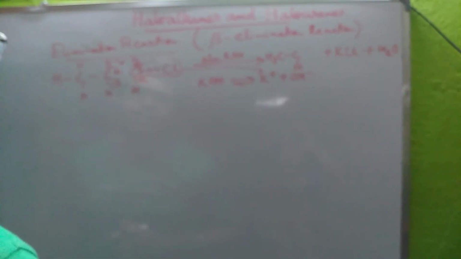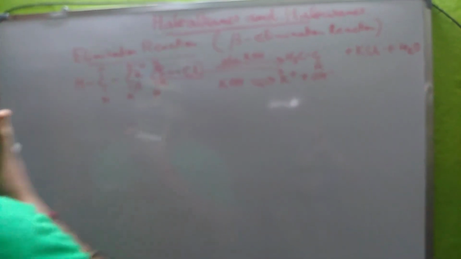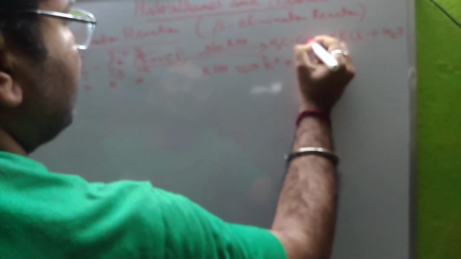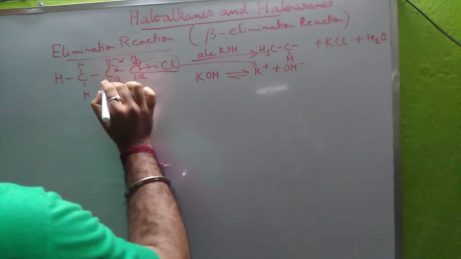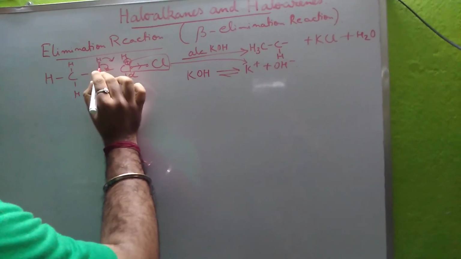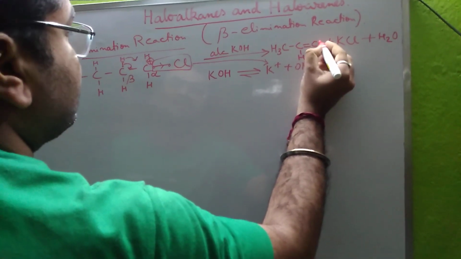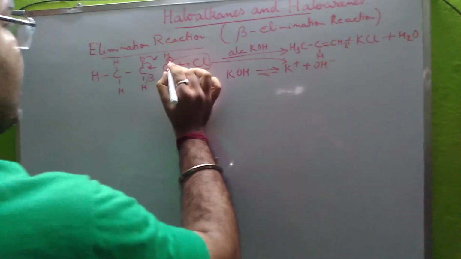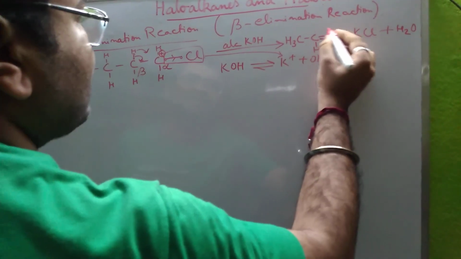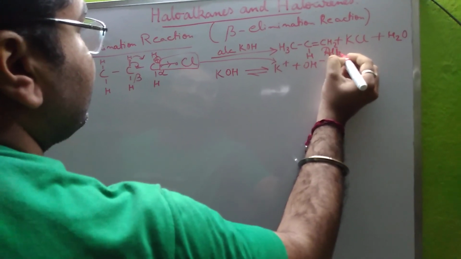It's a carbocation, a 3 degree carbocation. So this beta carbon, which was having the bonded electron pair, will form a double bond with this carbon atom which was having a plus charge. So now it has changed to an alkene.